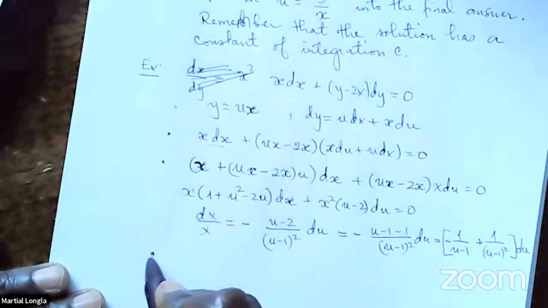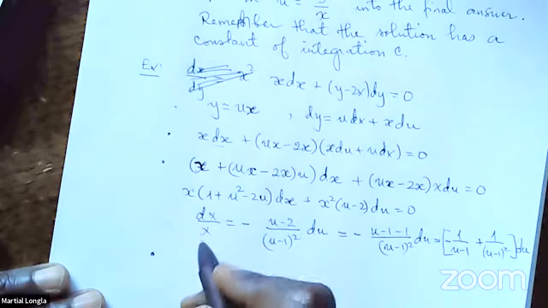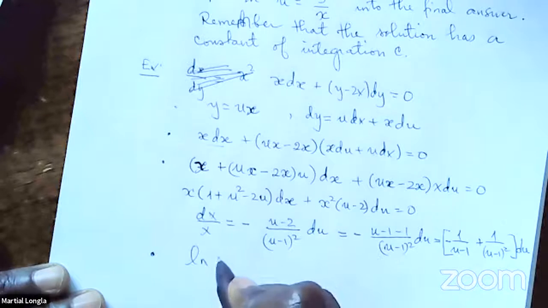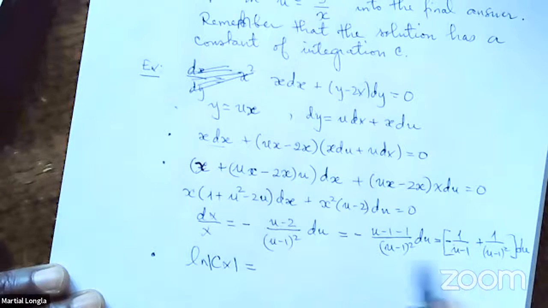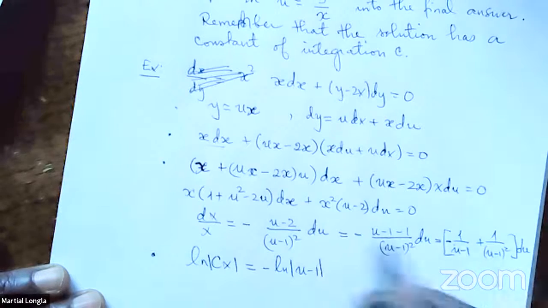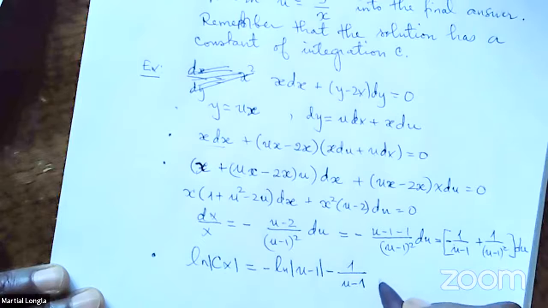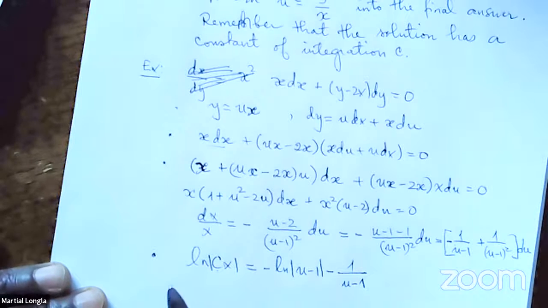Therefore, solve the separable equation that we got, integrate both sides. You integrate here, you get natural log of cx in absolute value equals integral of this is negative natural log of absolute value of u minus 1. And then the other one is minus 1 over u minus 1. The constant of integration is already here in cx, so we don't need to use another one.